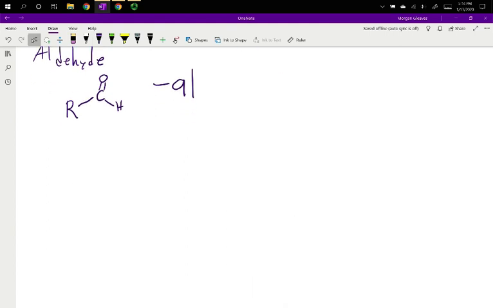If I have two carbons in a line, and there's a double bond to oxygen and a hydrogen. So this is CH3 to a carbon, double bond oxygen to a hydrogen.